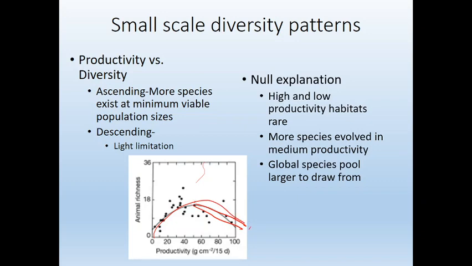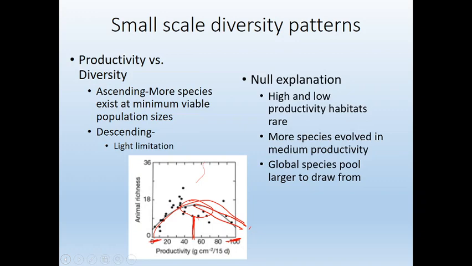Why do we see high diversity at these middle productivity values? And what we see across the planet is that really, really high productivity habitats and really, really low productivity habitats are relatively rare. There's not that many places that have super high productivity and super low productivity.